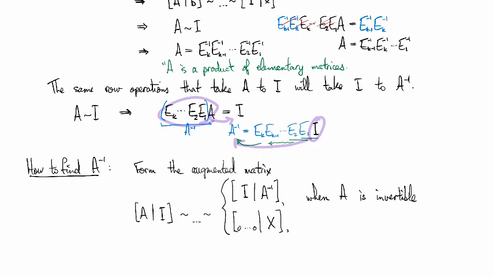And in the case when A is not invertible, you're going to end up with a row of zeros. And that also means that if you end up with a row of zeros, you know from that computation that A is not invertible. So in the next video, we'll do some examples of finding inverses using row operations like this.